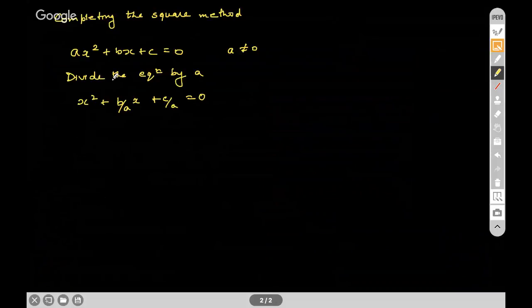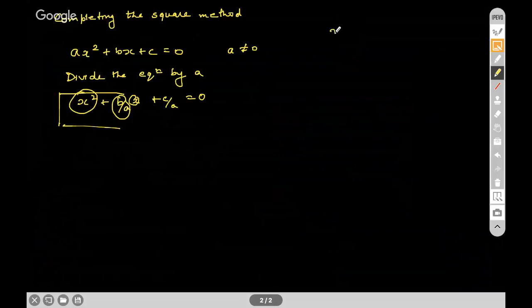Now if you see, guys, there is a square term, a term which contains x, and another factor, and there's a constant, right? So what we can do is try and complete this square. Let's say this is a half rectangle I have shown, because we have yet to complete this square. What does it mean?